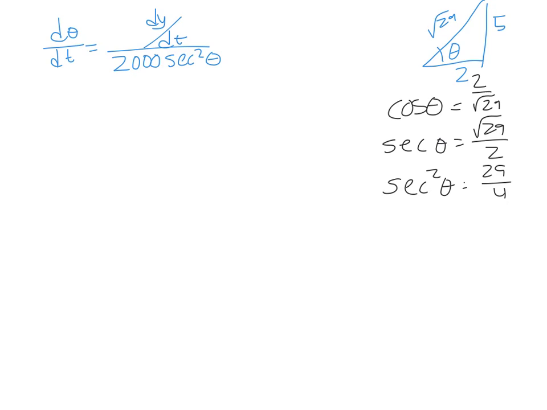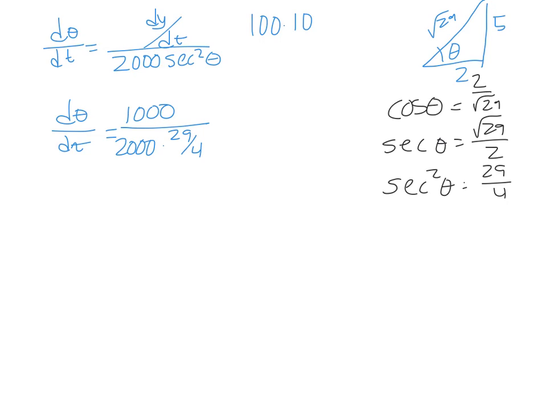So I can use that information in my problem. Let me go back over here. I have dθ/dt is equal to, now dy/dt, I also knew that. dy/dt was 100t. So 100t at t equals 10 would just be 100 times 10, which is 1,000. So I have 1,000 divided by my 2,000 from my original triangle times 29 over 4.